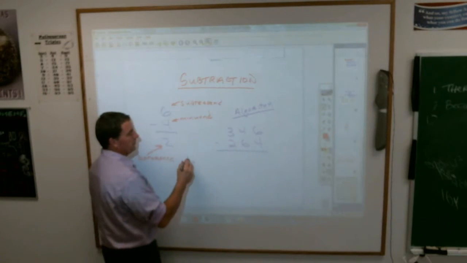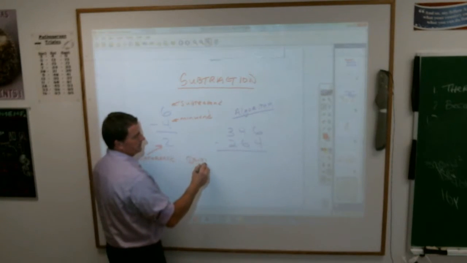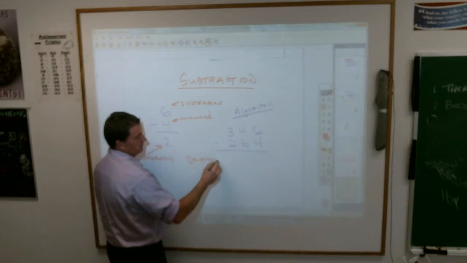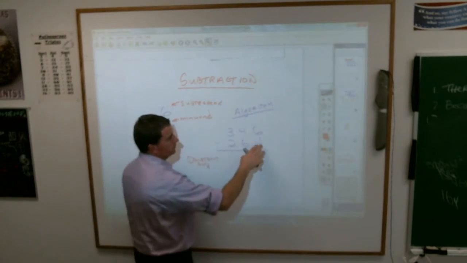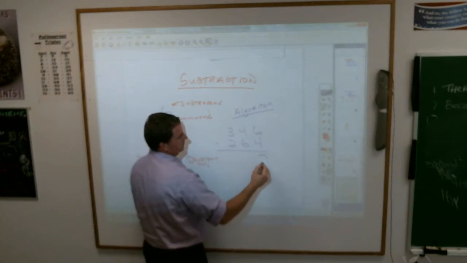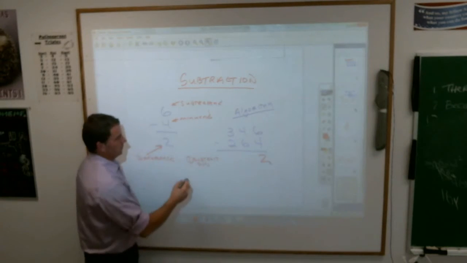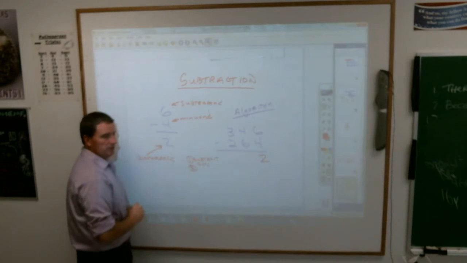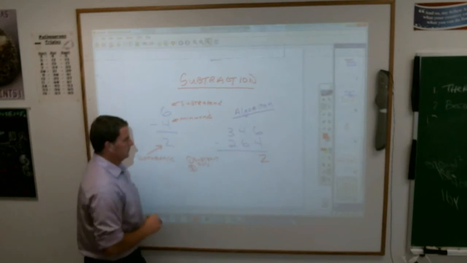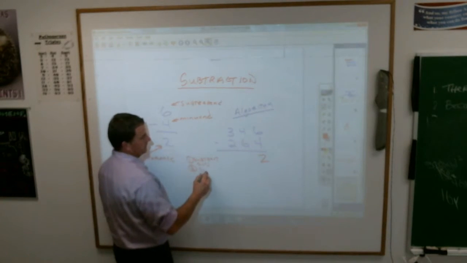So step number 1 is subtract from the ones. So you can take 4 away from 6, so you get 2. Okay. Step number 2 then would be to subtract the tens.